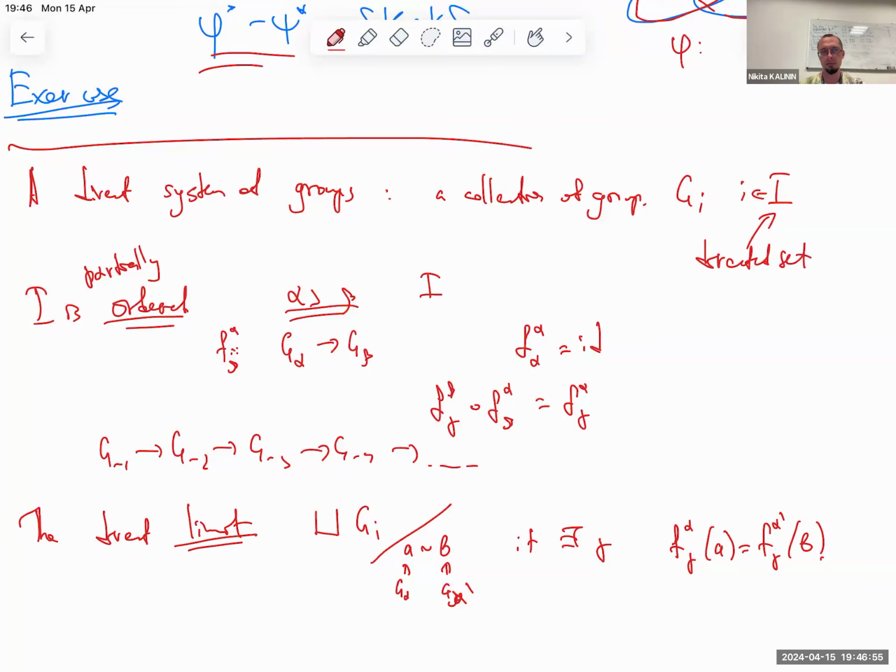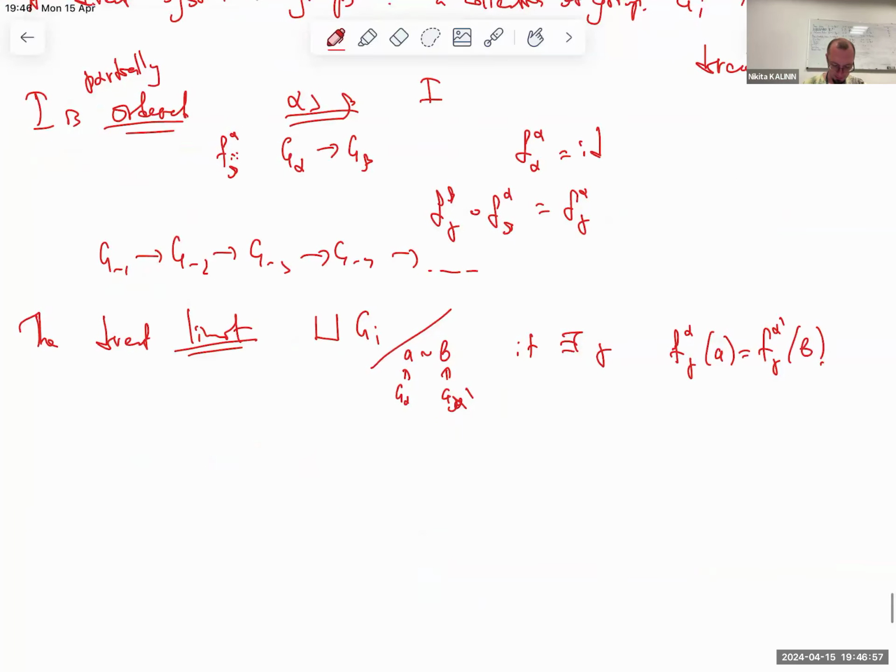I think that's the direct limit, because the inverse limit, that's indeed, so the inverse limit is when you have something like G1, G2, G3, and then it grows in that direction. Oh wait, so is it inverse limit or direct limit?